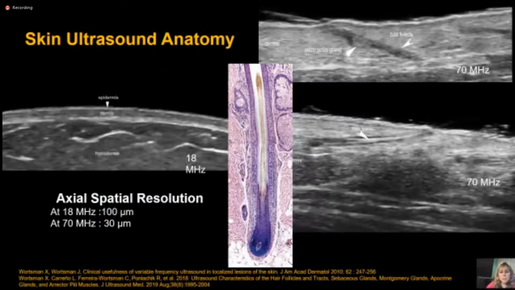And beside the hair follicle, you can see this ovoid hyperechoic structure that corresponds to a sebaceous gland. Then at the bottom, you can notice this hyperechoic bilaminar structure that corresponds to the hair tract before going into the surface. So this anatomy is very similar to the anatomy that we see on histology.